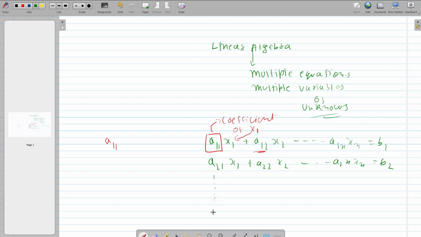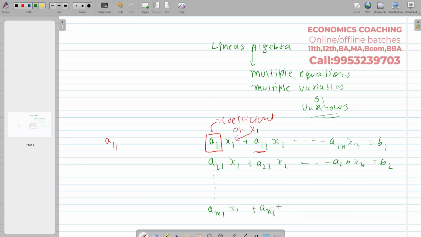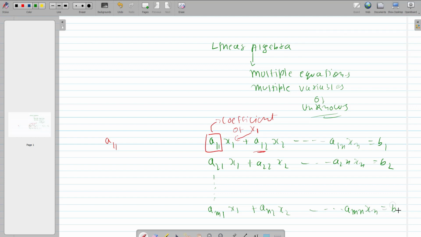We can have a multiple-equation system. Let's say we have m equations, so this is am1 x1 plus am2 x2 till amn xn is equal to bm. This is just a general example of a system of equations that we can come across.